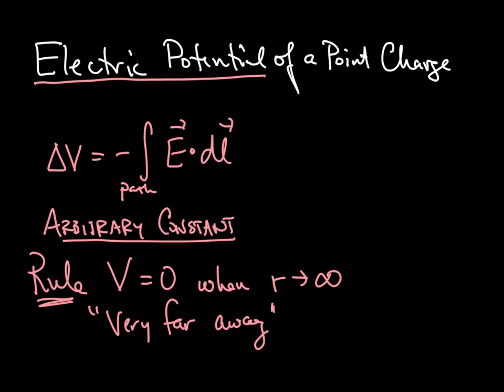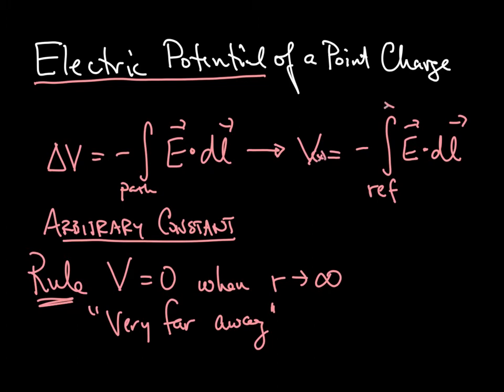So what happens is we're going to turn this integral into an absolute electric potential, minus E dot dl from some reference to the point that we're interested in finding the potential.